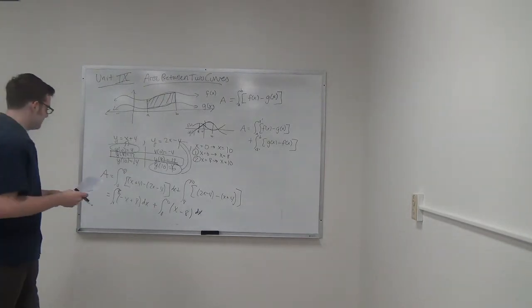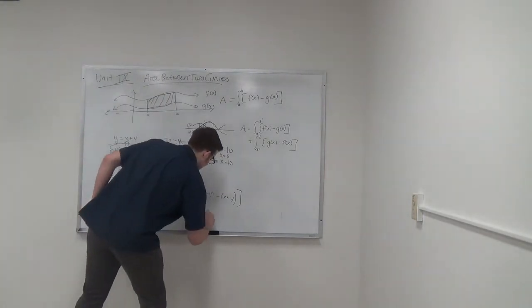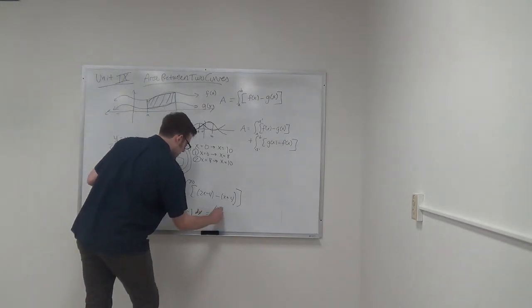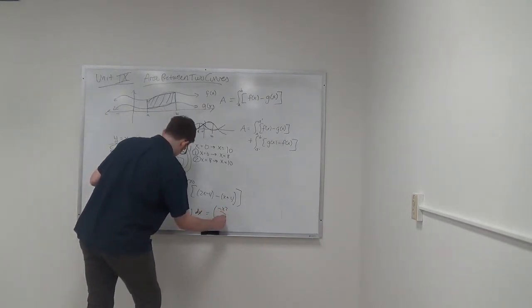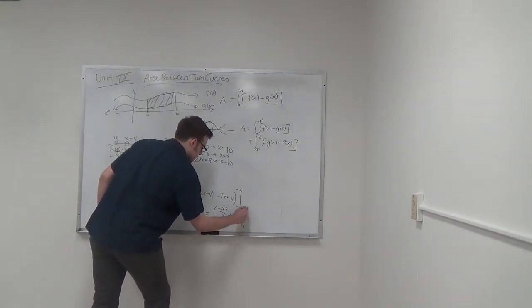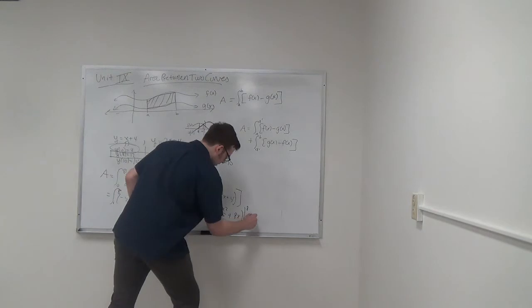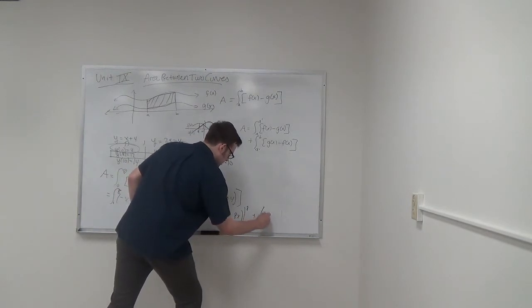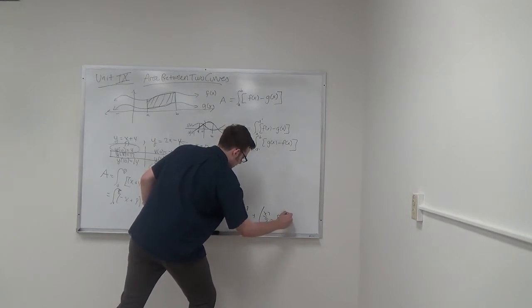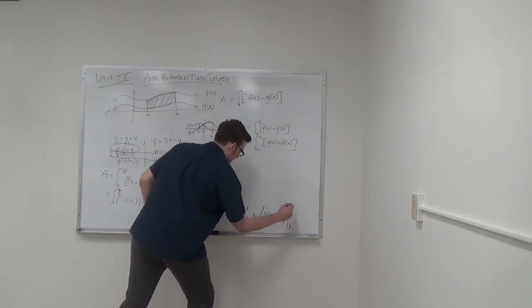So then we just simply find the integral. We have negative x squared over 2 plus 8x evaluated from 0 to 8, plus x squared over 2 minus 8x evaluated from 8 to 10.